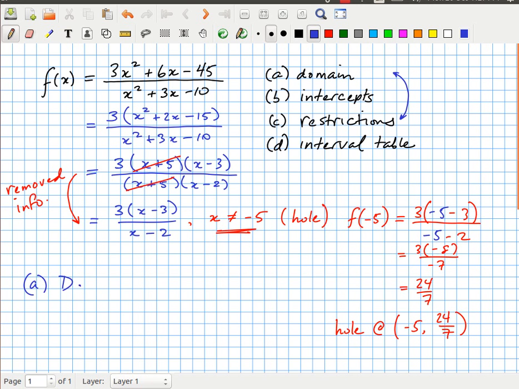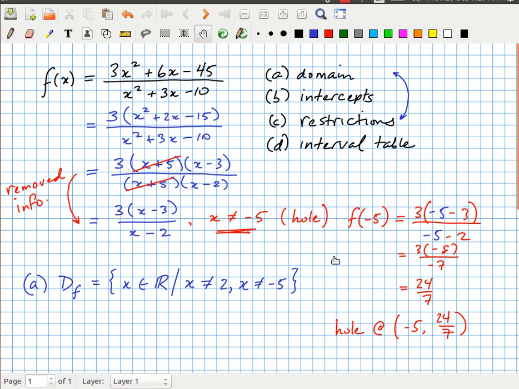The domain of the function f is the set of all x, members of the reals, such that x is not equal to 2, an obvious restriction left behind, and x is not equal to -5, the restriction that I divided out. So there's the first part. There's my restriction, there's my domain.